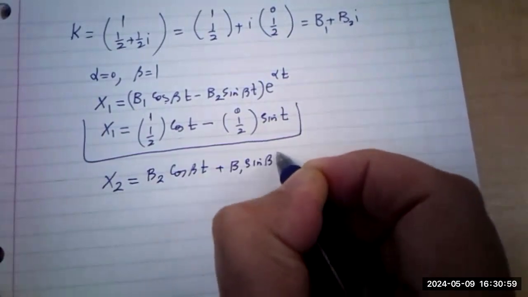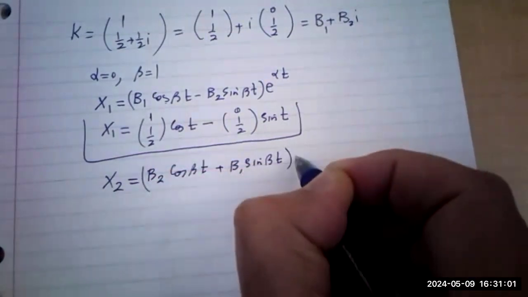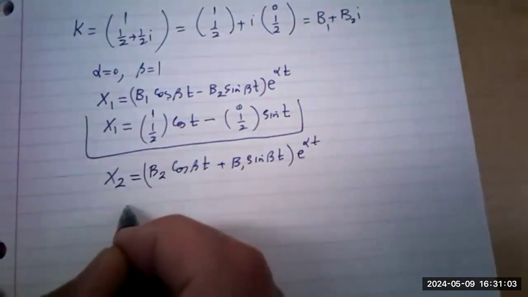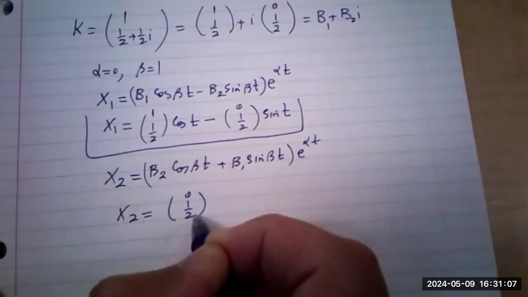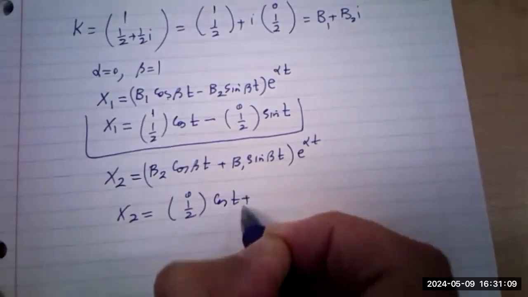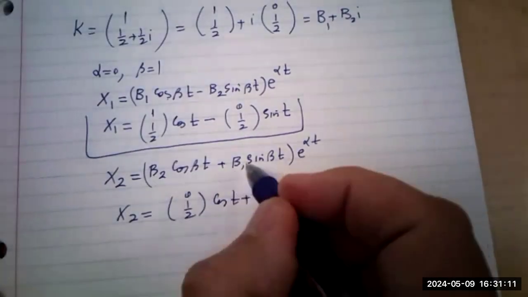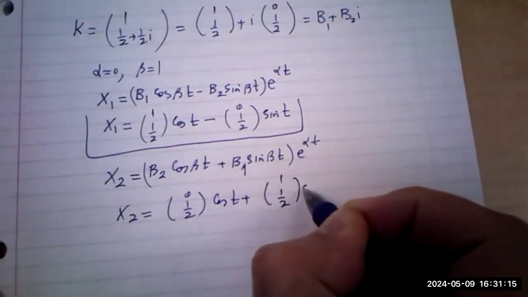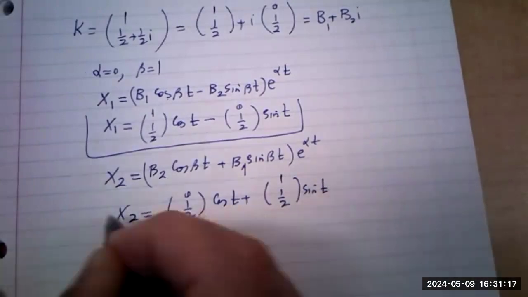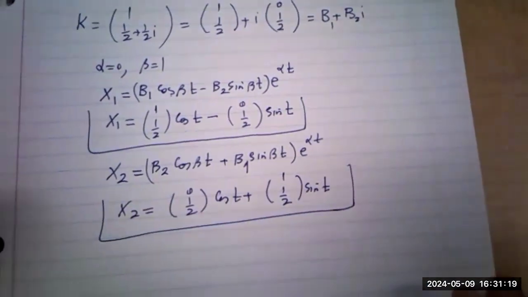When you substitute, b2 is 0 times cosine of t, plus b1, which is 1/2, sine of t. So these are going to be your x1 and x2.